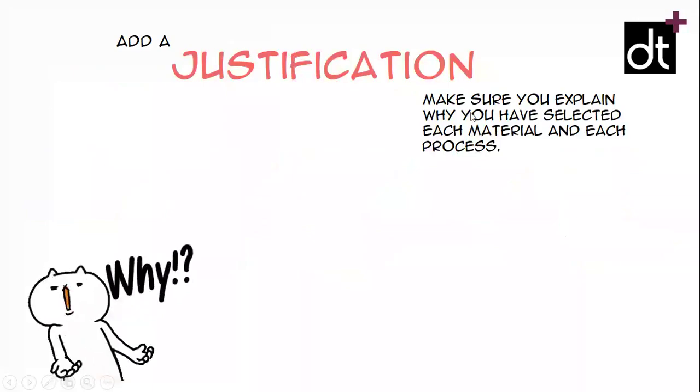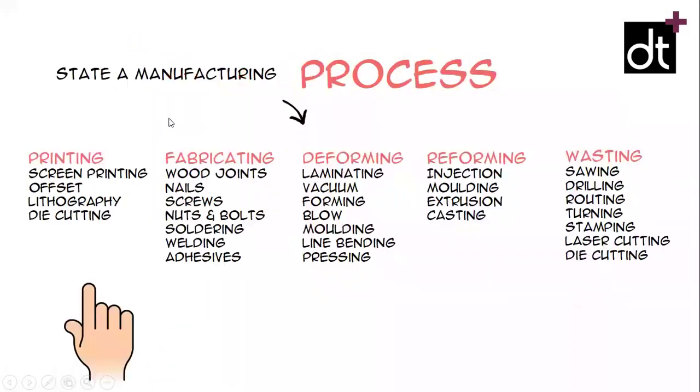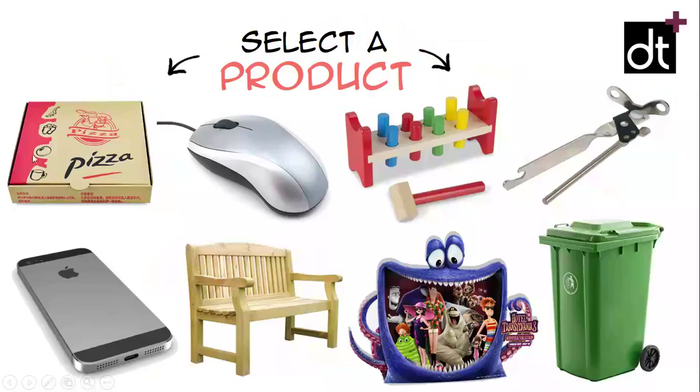What we would need to be doing now is adding a justification. So why do you think corrugated card is used for making this pizza box? Why do you think offset lithographic printing has been used to print this packaging? That gives you the deeper understanding to achieve the maximum marks for our examination.